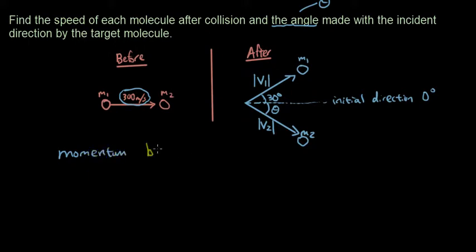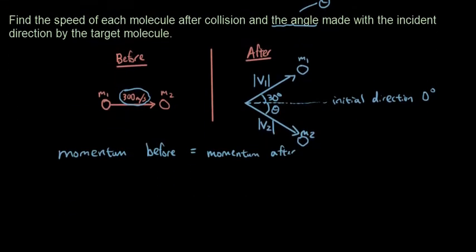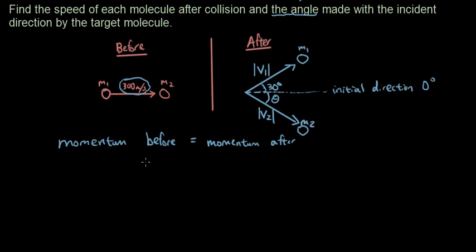So momentum before equals momentum after, because of what it said in the above paragraph, that momentum is conserved in such a collision. Now what is momentum? Momentum is mass times velocity.